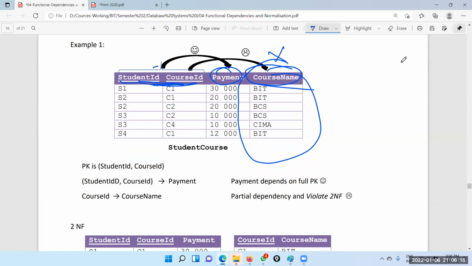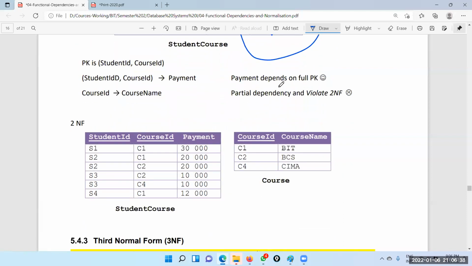So this should have been in where? Your course table. By mistake, you have taken it to the course student table, because it is not depending on both, or the totality of, the primary key. It depends just on part of it. So therefore, it has violated second normal form. Again, the solution is to take it to the relevant table. That's it.